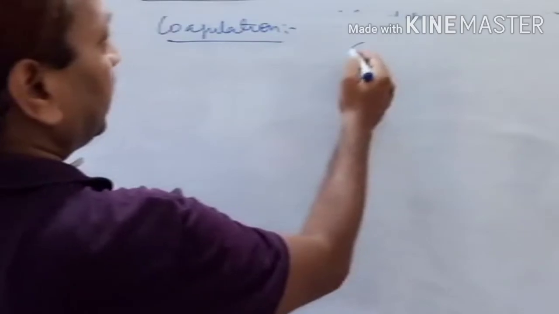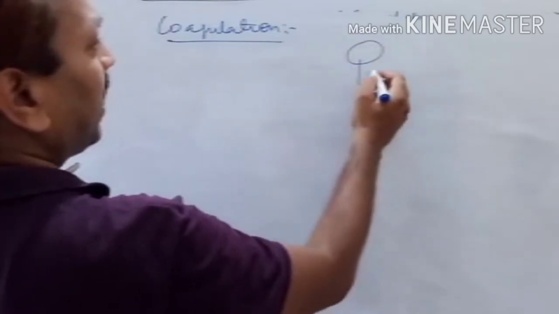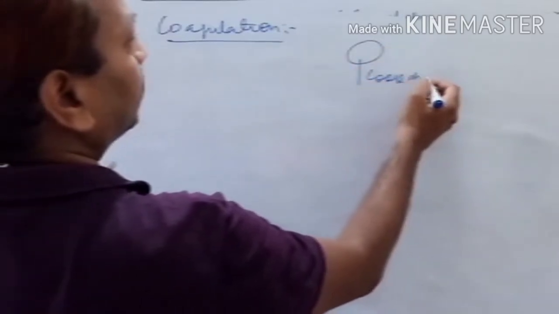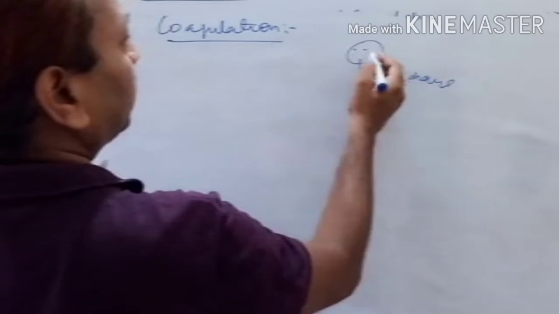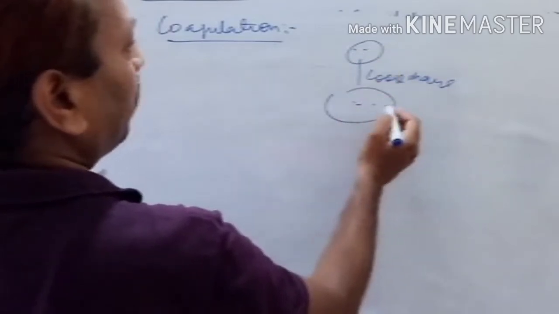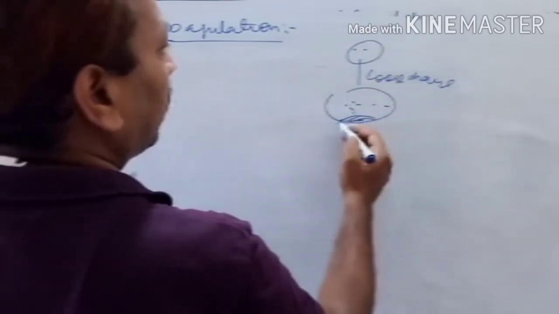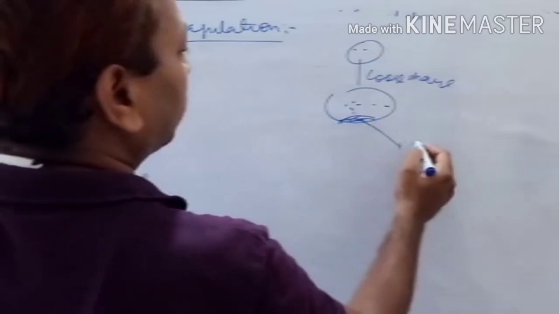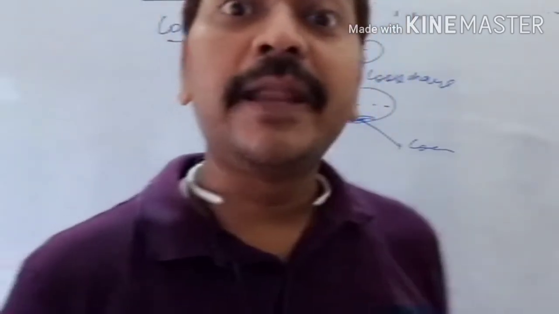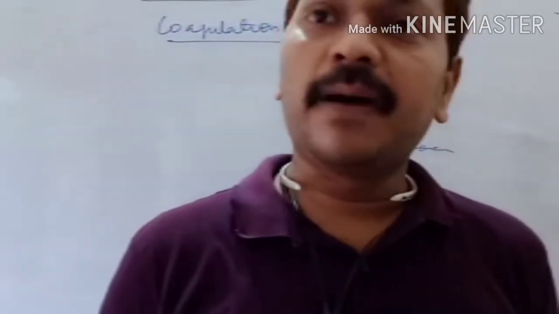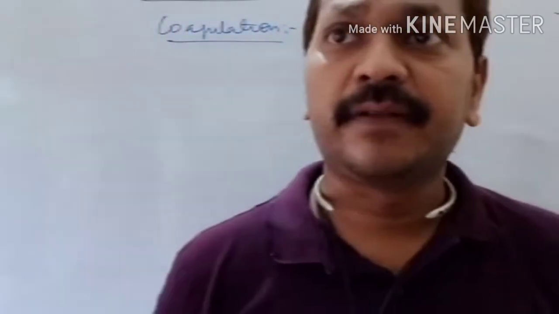See, these are the colloidal particles and they lose their charge. After losing charge, they form big size particles, and after that they settle down. This process is known as coagulation, children, right? Similarly, muddy water can be purified by adding alum, children.